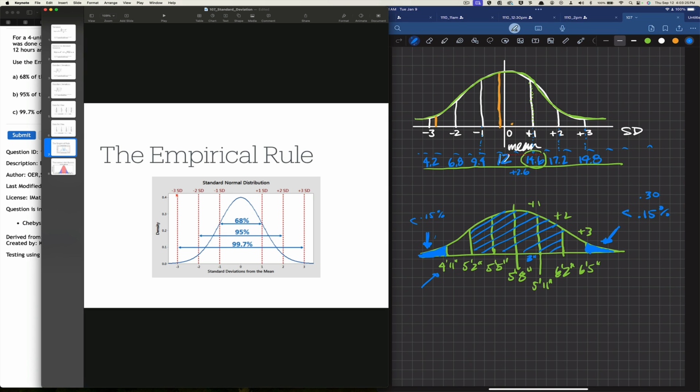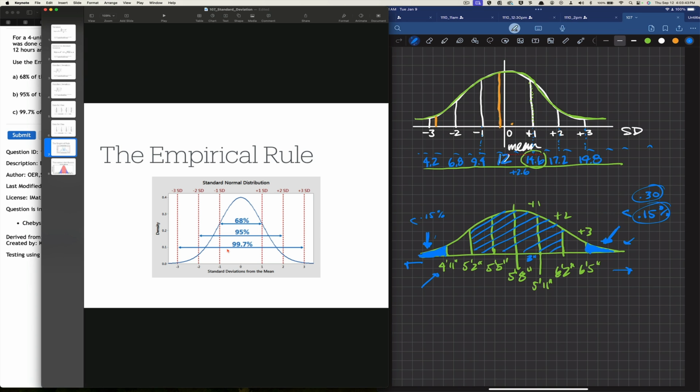And this other tail, this right tail, is also 0.15 because there's 0.3 left when I take 99.7, subtract from 100, and it's split equally to this little tiny right tail and this tiny left tail.